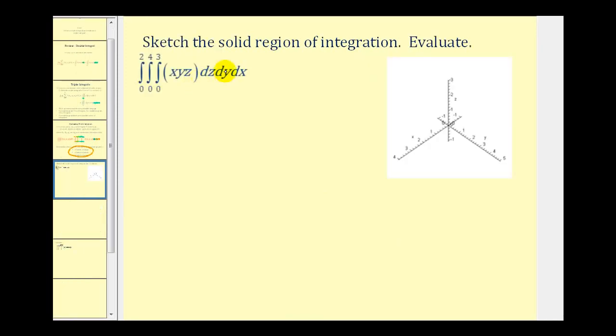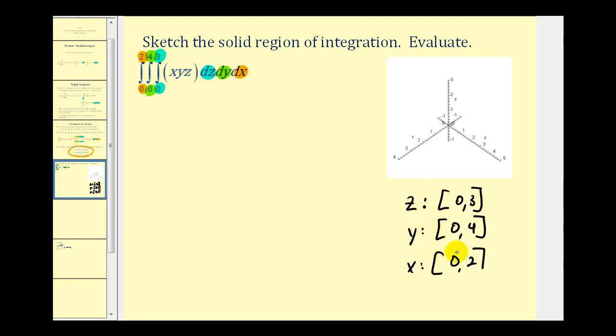Here we want to sketch the solid region of integration and then evaluate. Because we're integrating with respect to z first, z is going to be on the closed interval from 0 to 3, y will be on the closed interval from 0 to 4, and then x will be on the closed interval from 0 to 2. So the region of integration would be the box formed by these intervals. Notice in the xy plane we'd have a 2 by 4 rectangle, something like this.